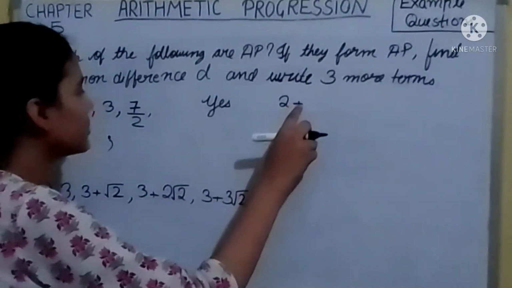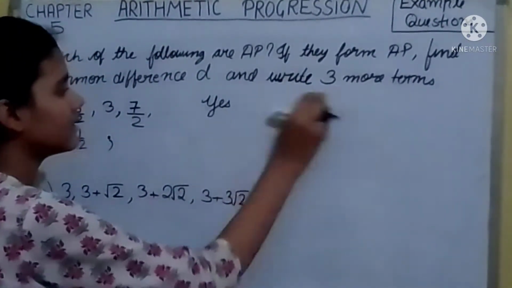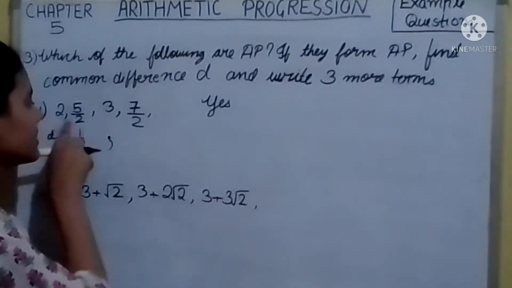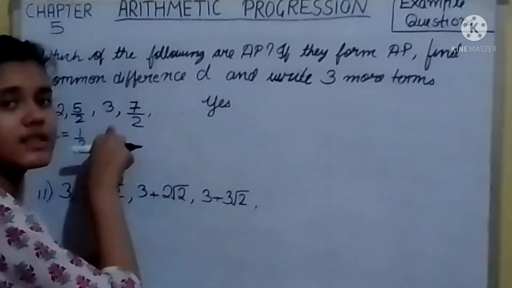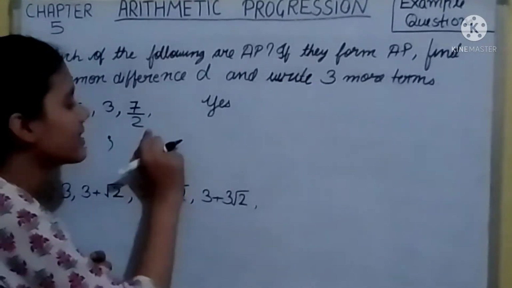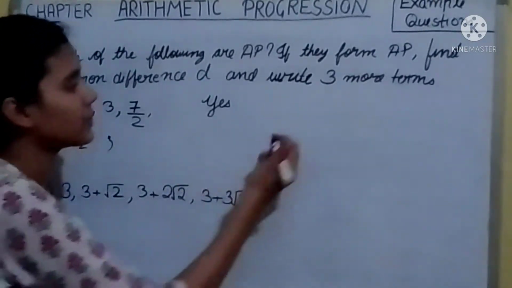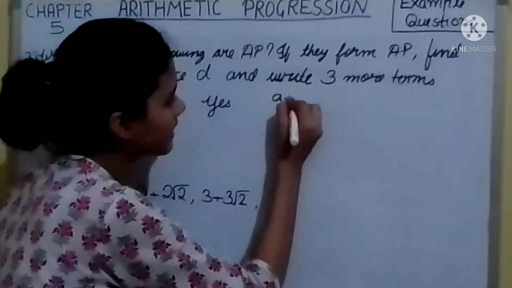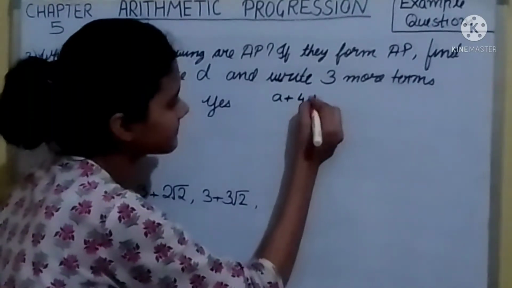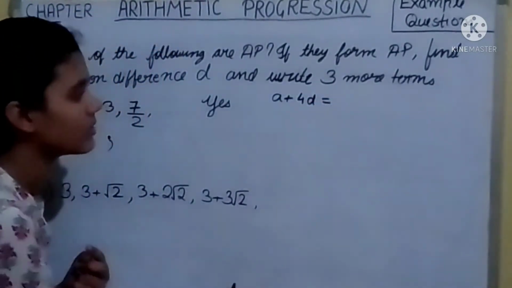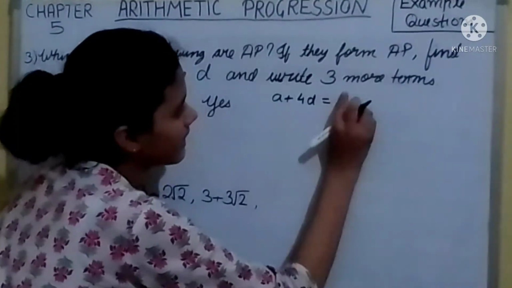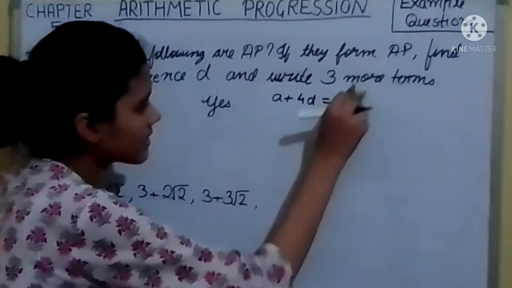So over here, this is a plus d, the third one is a plus 2d, the fourth one is a plus 3d. So the fifth one will be a plus 4d. Okay, so a is 2.